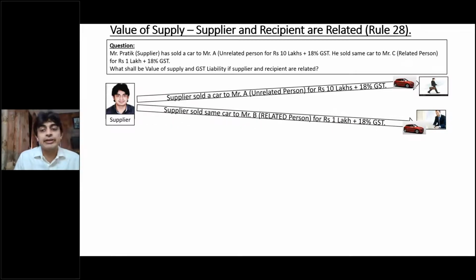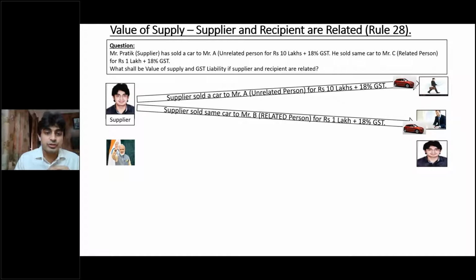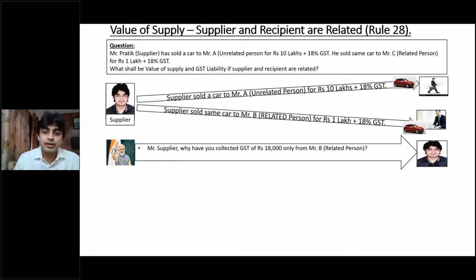I sold the same car to Mr. B for 1 lakh. Now the government is questioning me. The supplier, you sold the car to Mr. B for 1 lakh. How much GST have you collected? Only 18,000.